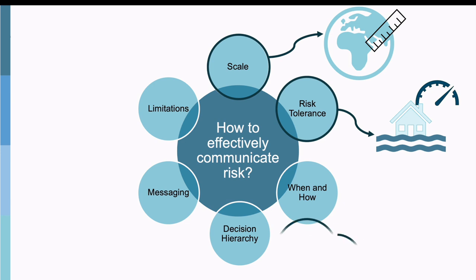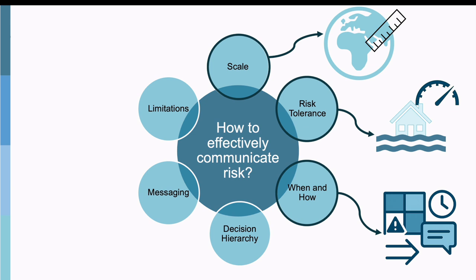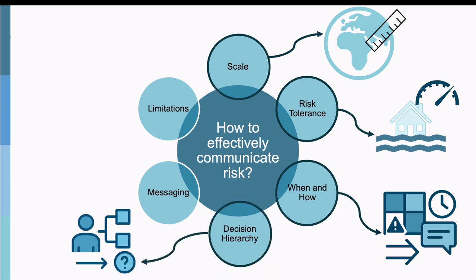When and how will the risk matrix be communicated? A balance between the availability of the latest information versus the timeliness of communication can heavily influence the effectiveness of communication of the risk. Decision hierarchy. If the position of an event on a risk matrix determines the response of emergency management, then the cascade of decision-making should be clearly defined ahead of an event.